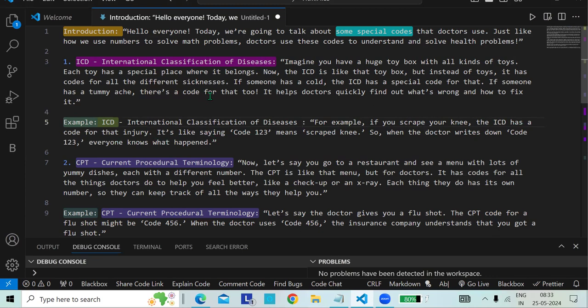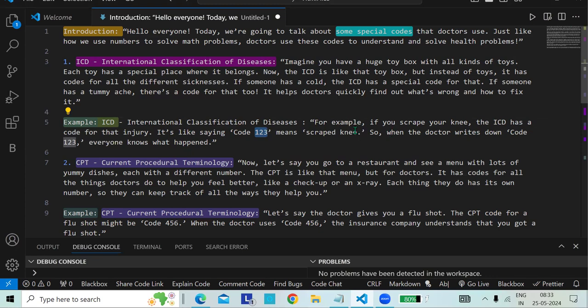For example, if your knee is broken, that also has some ICD code. When the doctor writes code 1 to 3, the insurance company can understand that 1 to 3 is a knee scrape, and the claim can be processed. So this is how ICD codes help in medical billing.